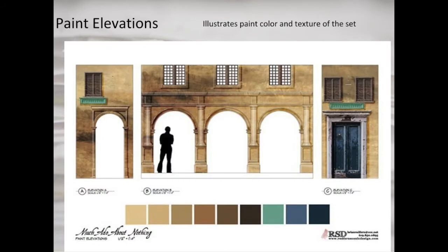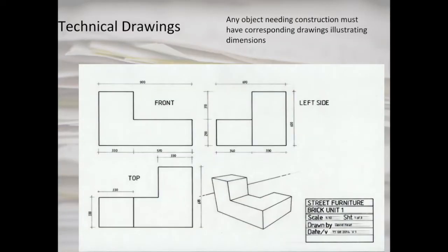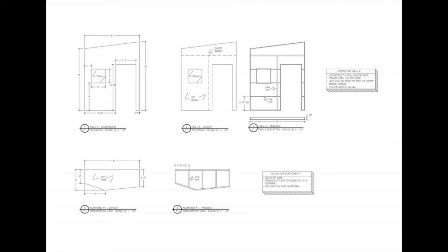Then you have paint elevations, which illustrate paint colors and textures of the set. You can see what colors are being used and where, and how it's all going to look together. Technical drawings, which would be done by a technical director: any object needing construction must have corresponding drawings illustrating dimensions.